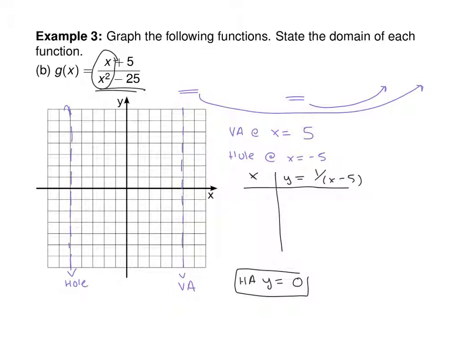Okay, so I'm going to choose to plug in 4, and I'm going to plug in 6. Those are the only numbers that are going to give you whole numbers here. So we'll just deal with it. When you plug in 4, what do you get? Negative 1. And when you plug in 6, you get positive 1.